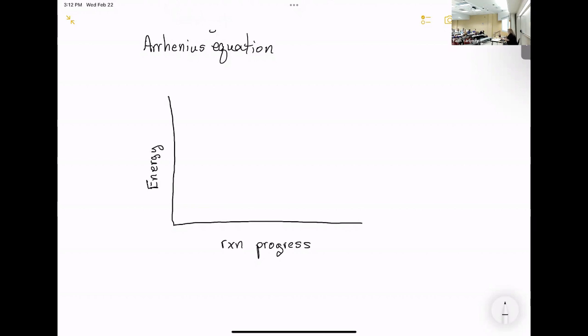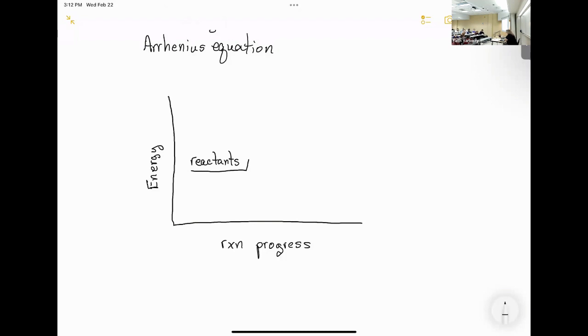Now, if we're talking about a reaction, when we look at a reaction, the reactants are on the left. So that is our starting point. Now those reactants, we just said those reactants have to collide with the correct energy.